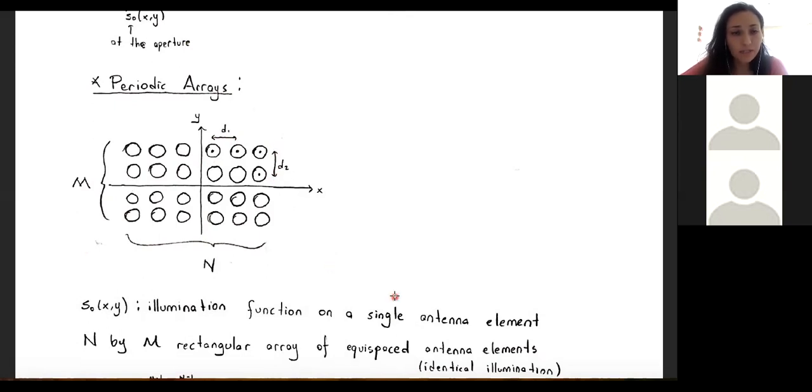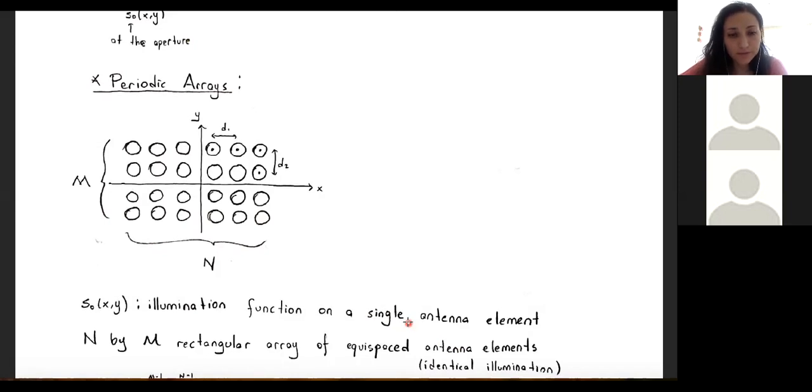Okay, we want to now understand the radiation pattern in terms of each little S0(x,y). So what will be my pattern in terms of the illumination function of a single antenna element? Okay, so that's the relationship we want to find.